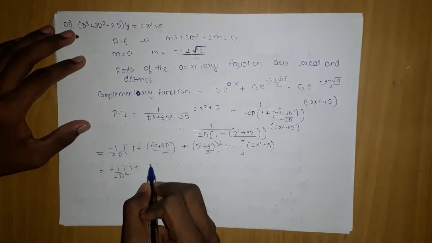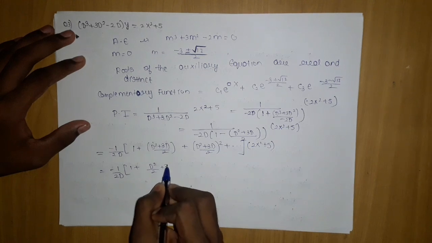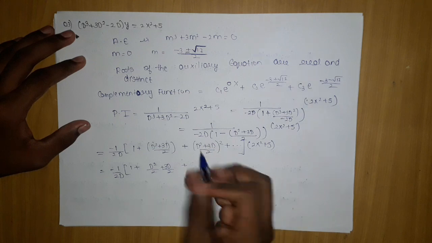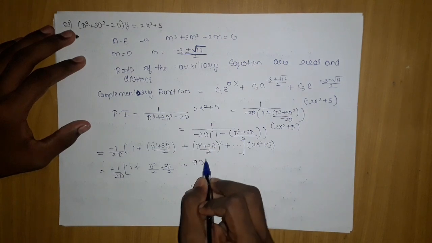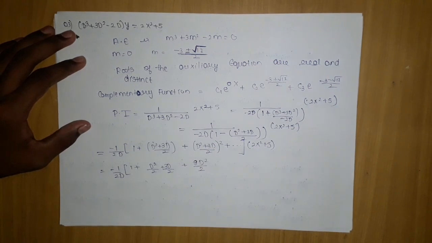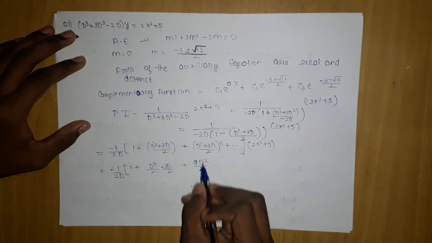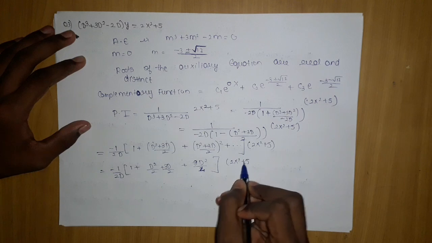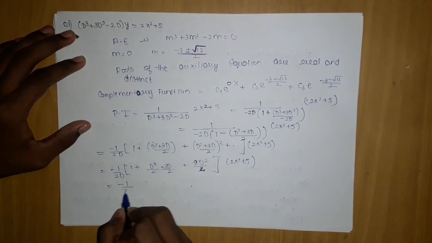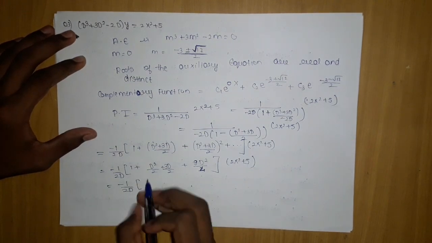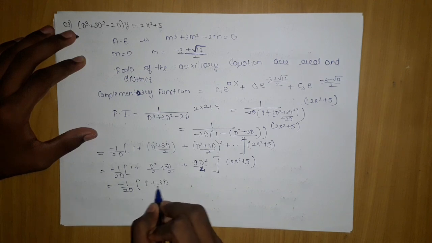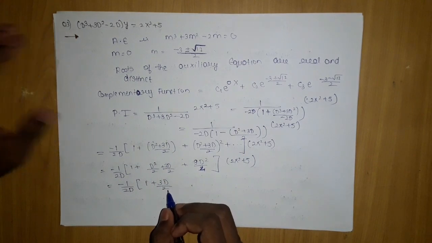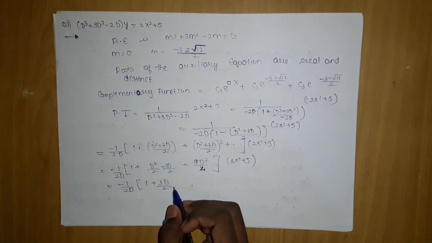After this it will be minus 1 by 2D into 1 plus D square by 2 plus 3D by 2. You know its expansion, only this term will create the square term, so I am not going to write the rest. 9D square by 4, straightforward, its square will also be there, bracket close, into 2x square plus 5. You have to do the things fast. 1 plus 3D by 2, and here to create this 4 you have to multiply in the top by 2, giving you 11 straightforward.